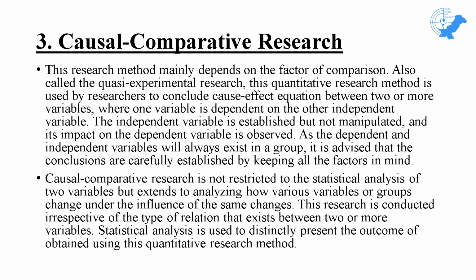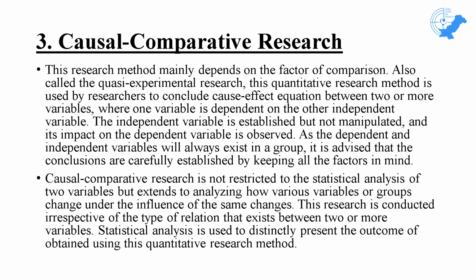As the dependent variable and independent variable always exist in a group, it is advised that the conclusions are carefully established by keeping all the factors in mind. Causal comparative research is not restricted to the statistical analysis of two variables, but extends to analyzing how various variables or groups change under the influence of the same changes.